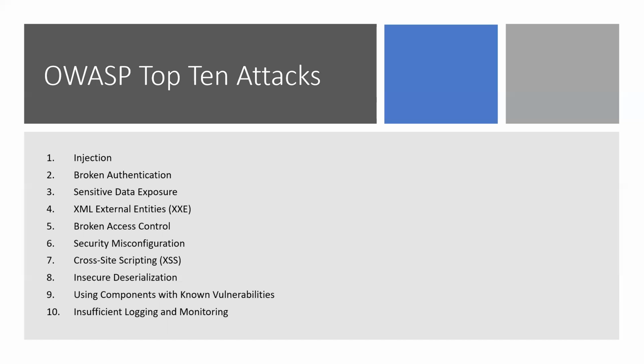And then the last attack is insufficient logging and monitoring. So this item reminds us that our most basic responsibility is to ensure that we are logging everything important that is happening in our system so that we can detect attacks, preferably before they succeed.